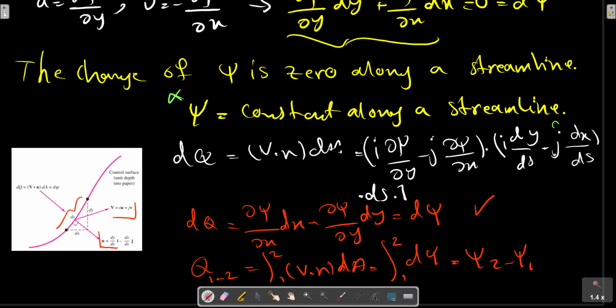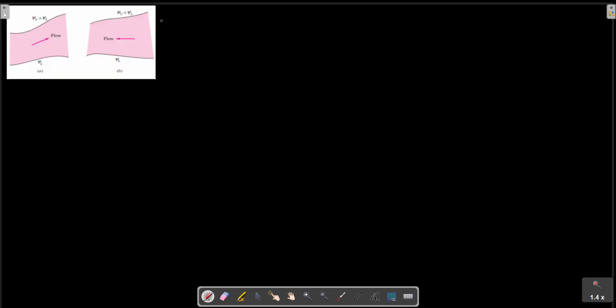Further, the direction of flow can be ascertained by noting whether psi increases or decreases, as expressed in this picture.